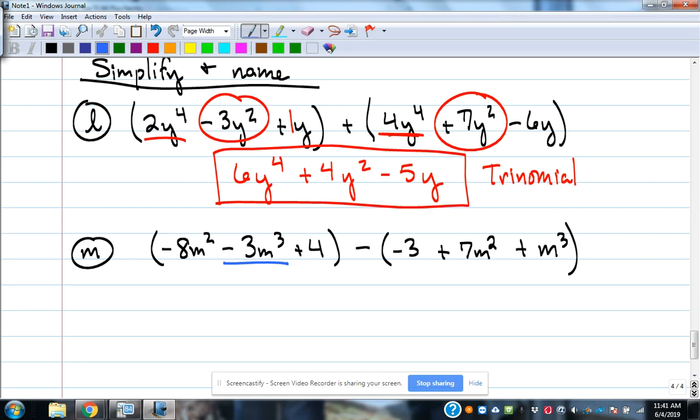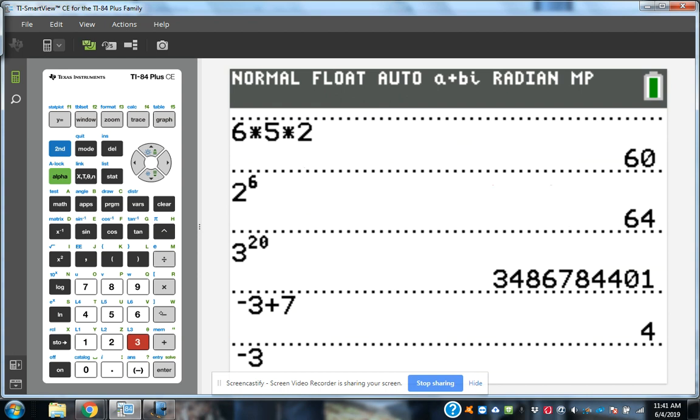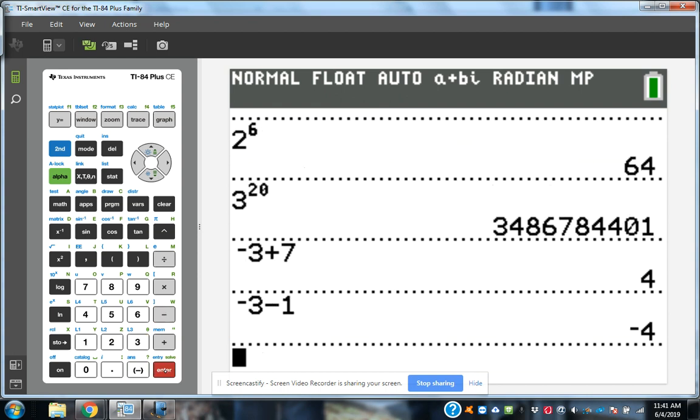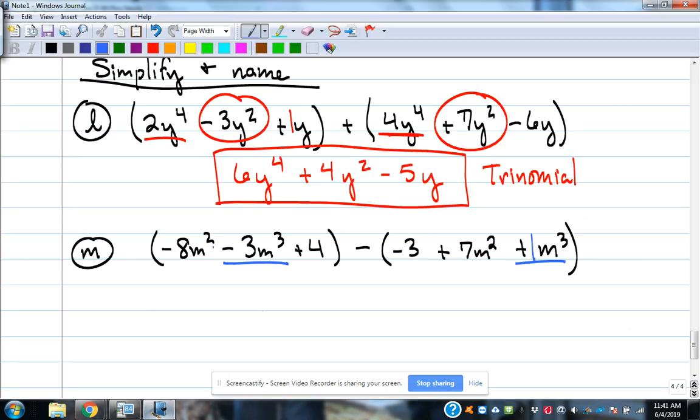What's a like term with 3m cubed? That 1m cubed there. I'm glad you said the 1m cubed. All right, so negative 3 minus 1, negative 4m to the third. I've used those, so I'm just going to mark them out.